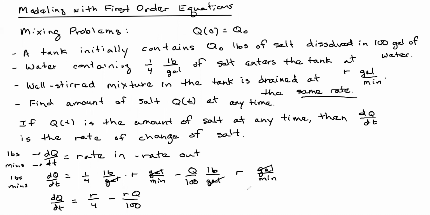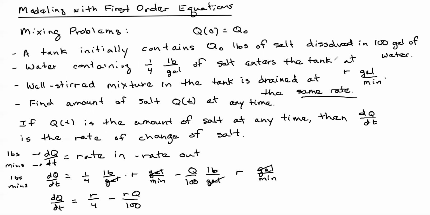One thing that can add a twist or a little bit of complexity is that we had water entering the tank at R gallons per minute, and the well-stirred mixture in the tank was drained at the same rate. I even underlined it here. We got the same rate. What if the rates were different? That is a potential problem that you may encounter.